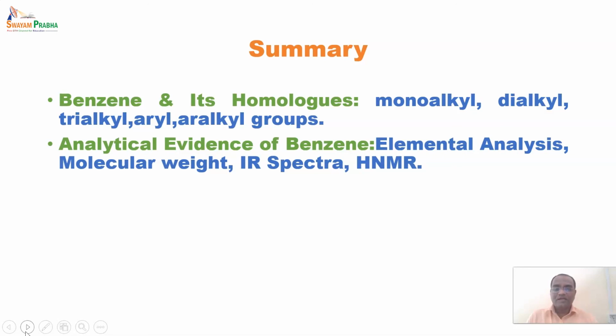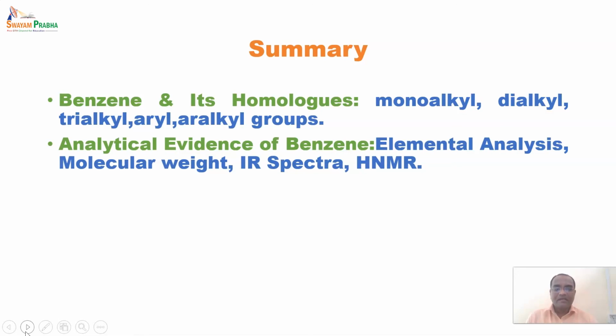After that we saw the evidences. The first evidence was analytical evidence, in which we saw elemental analysis. Elemental analysis shows that the number of carbons is 6 and the number of hydrogens is 6 in the case of benzene. And the molecular weight of benzene matches the elemental analysis, so it is almost 78. IR spectra show an aromatic ring in the compound as well as a double bond and the CH stretch of an aromatic ring.